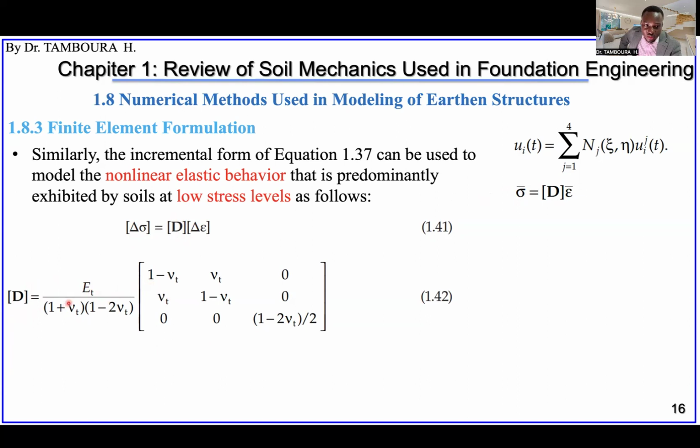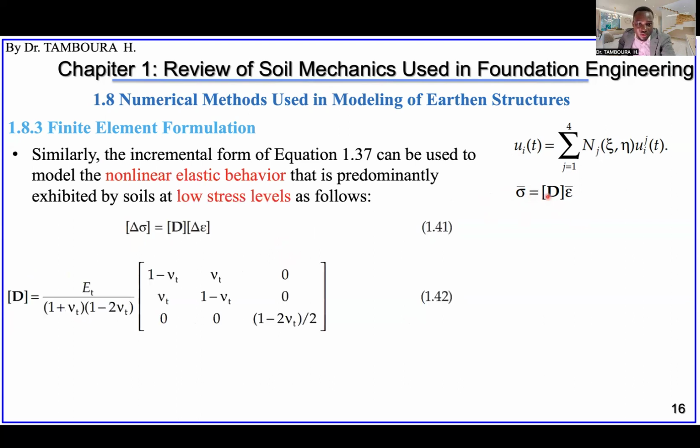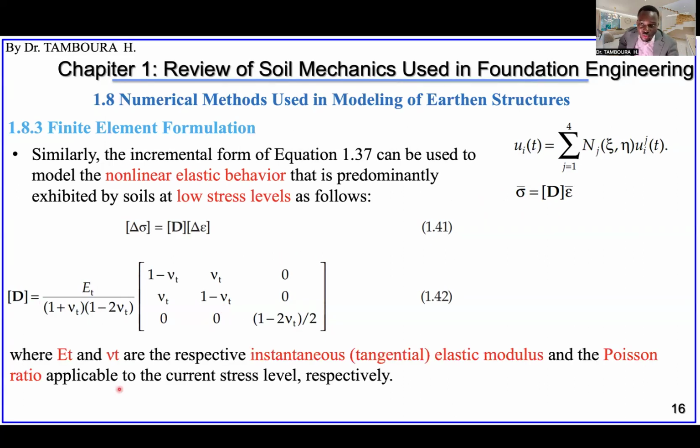In the previous one, the D was not the same. Let me go back to show you. This is the previous D for this equation. For nonlinear elastic behavior, we have this. But this is for plane strain or plane stress condition. The axisymmetric condition is more complicated.